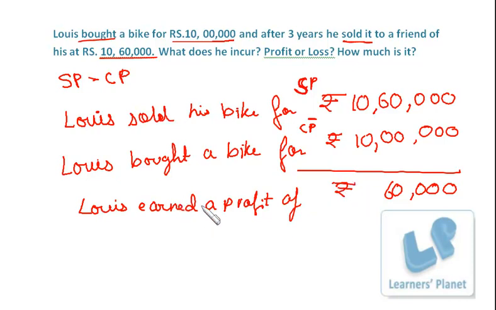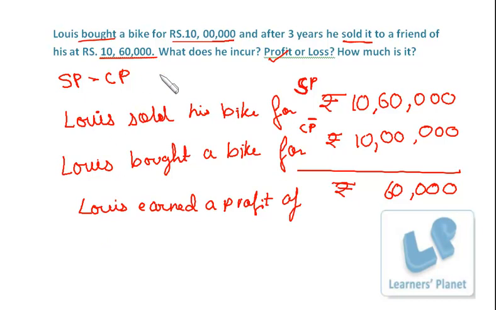After you have done these three steps, the last statement you'll again write is that after selling the bike for 10 lakh 60,000, Louis earned a profit of 60,000. So over here we also answered the question of whether he has profit or loss, and we also got the amount. These are the steps that we'll have to follow in each and every sum.